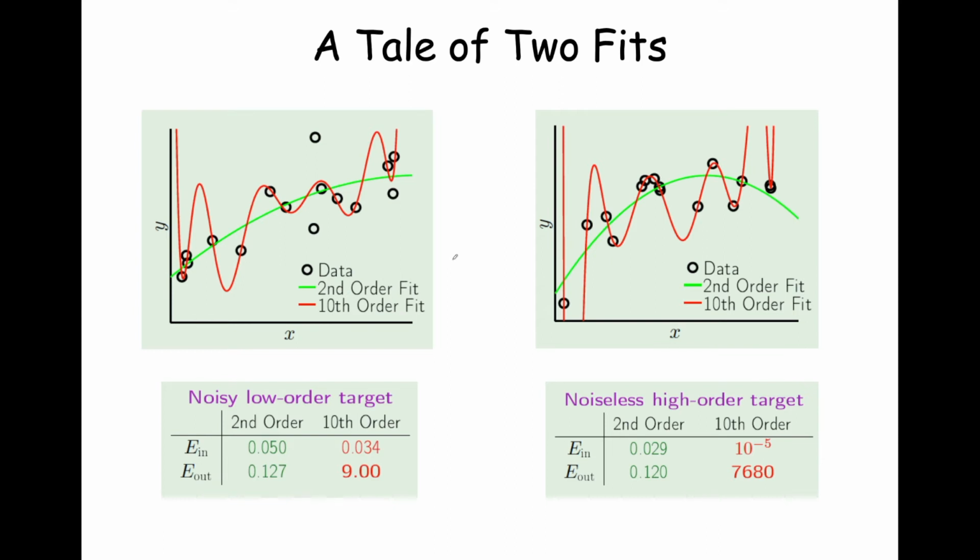If we look at the 10th order, which is the same order as this noisy 10th order ground truth target function, gosh, the in-sample error is smaller. In-sample error for the 10th order hypothesis set is 0.034. It's smaller. But if we look out of sample, that's pretty bad. It's 9. It's much, much bigger, an order of magnitude bigger, in fact, than the degree 2 polynomial hypothesis set.